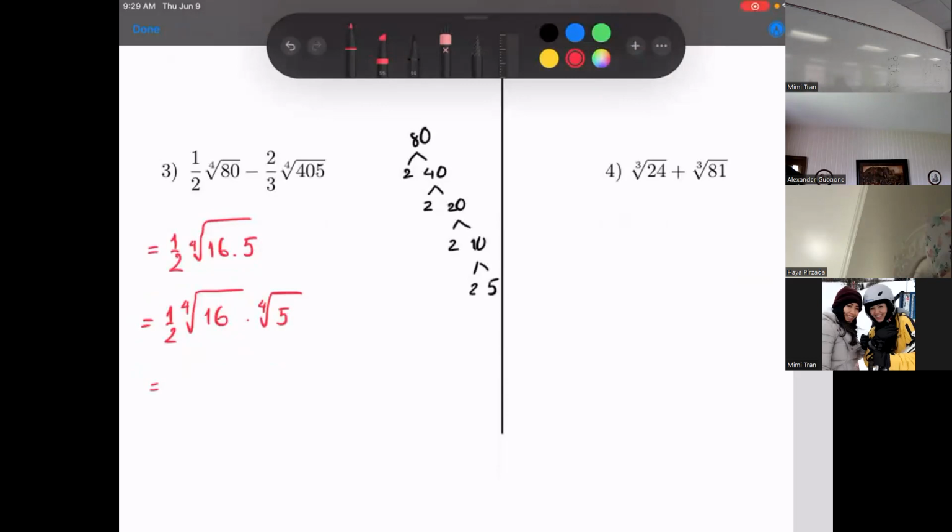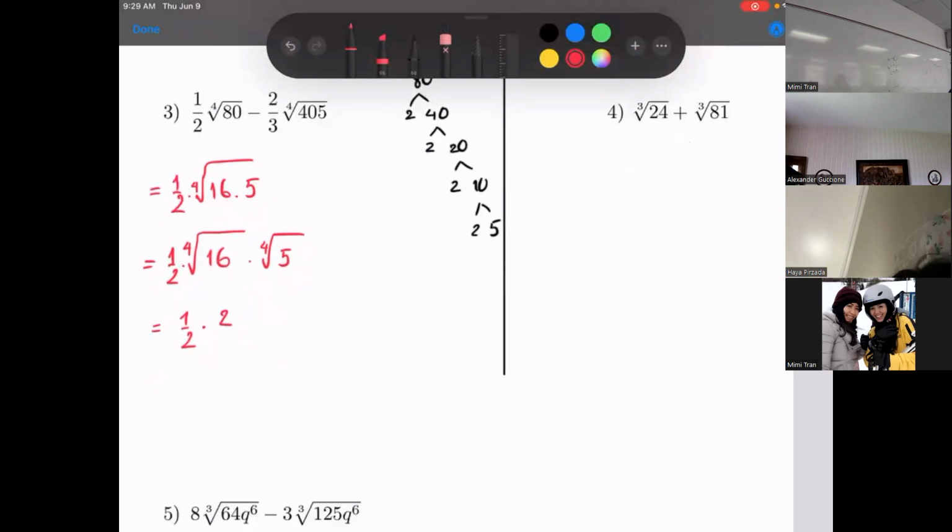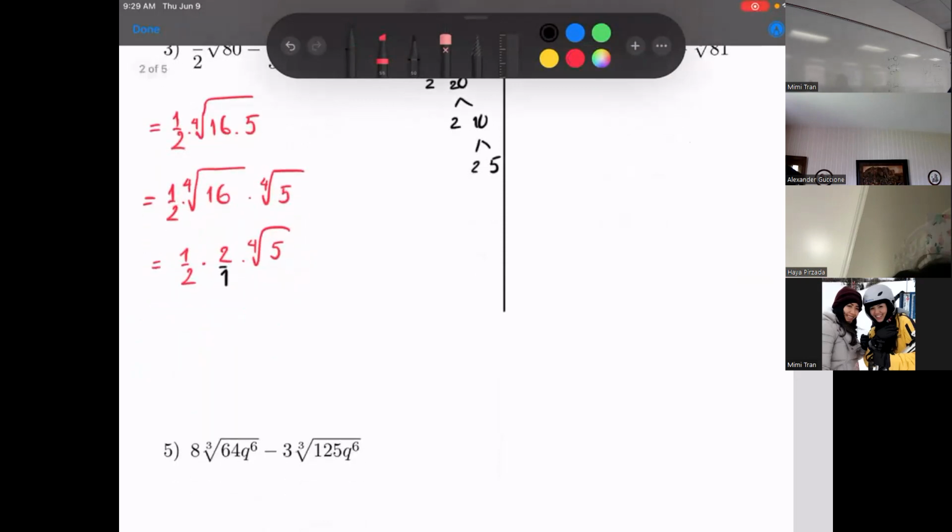Fourth root of 16 is 2. So 1/2 times 2, right? And then times fourth root of 5. 1/2 times 2 is 1, right? So just fourth root of 5.